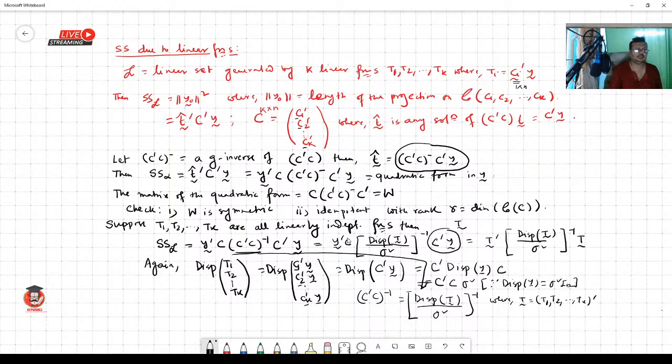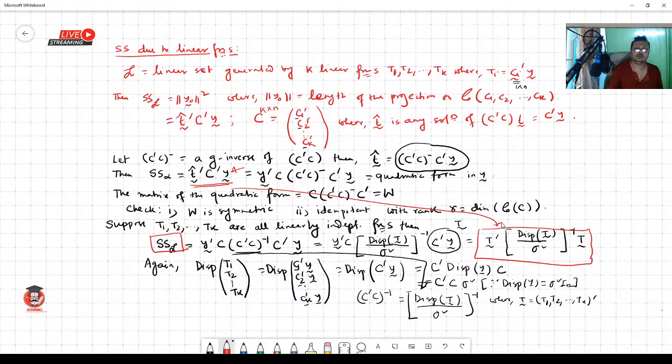So this is another formula of SS due to script L. Instead of computing T curl prime hat C prime y curl, which is sometimes very tedious, you can use this formula, which you can easily compute.